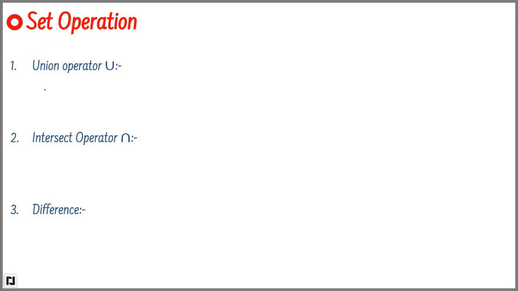So here we have some set operations. First is the union operator. It is denoted by this U symbol. Let's take an example of union operator.